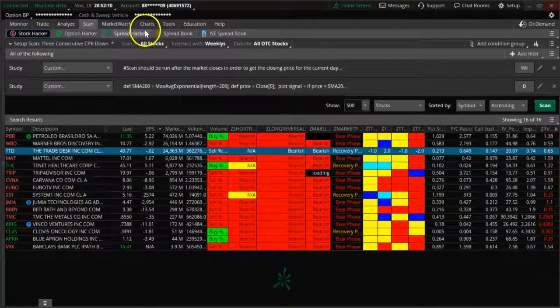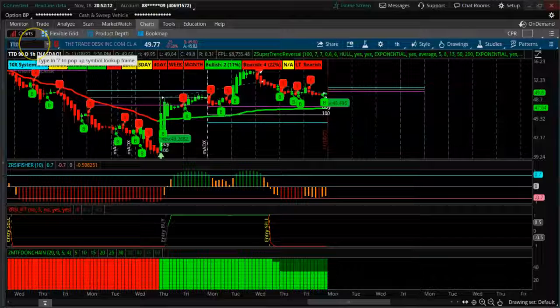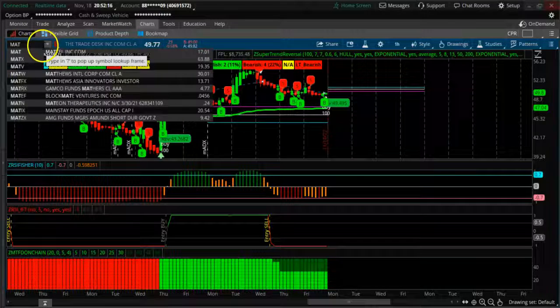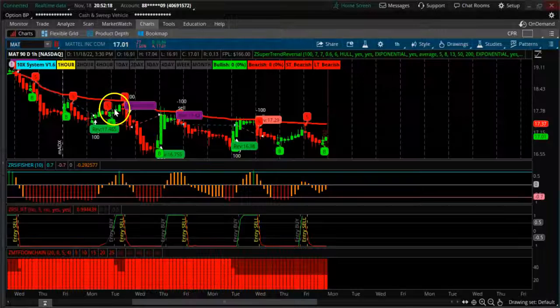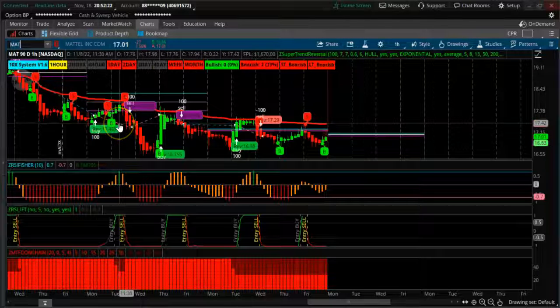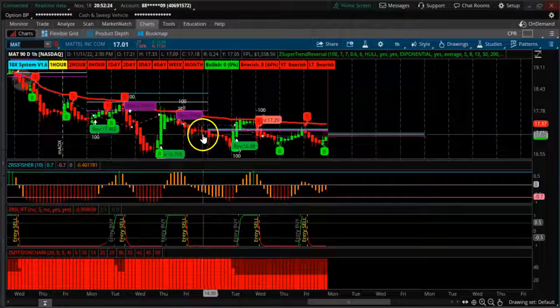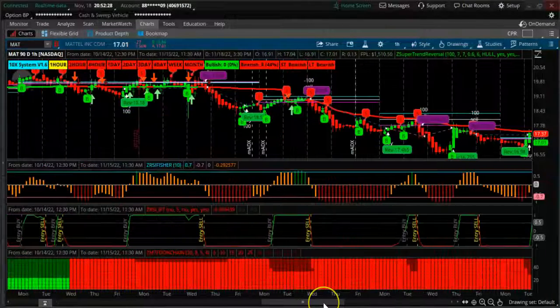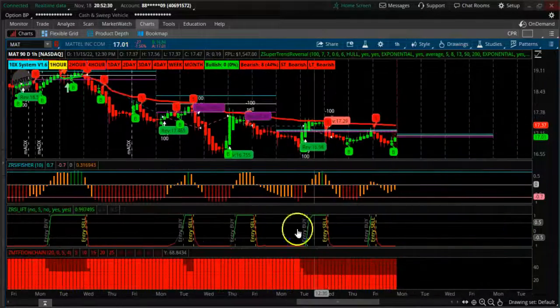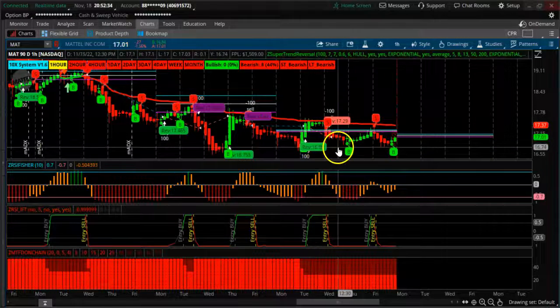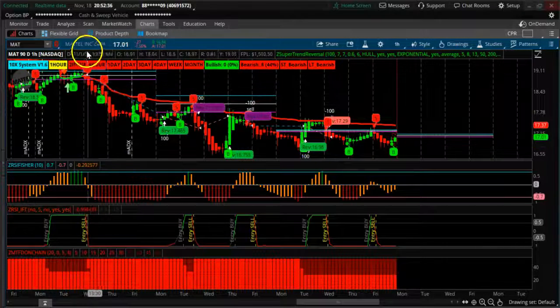MAT. You can see it's completely negative. CPR is turning down. So this is a trade to downside. This is MAT, metal.